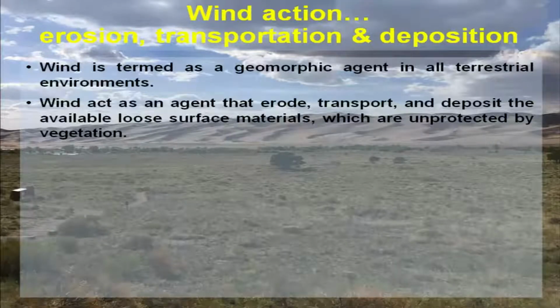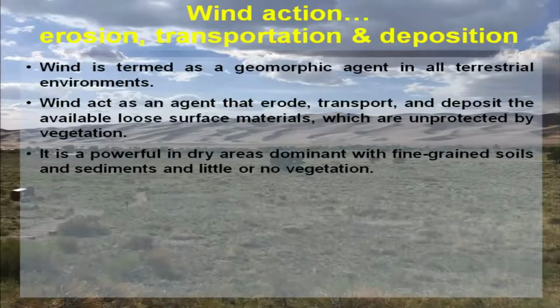The erosion will be extensive in the areas which are devoid of vegetation. It is powerful in dry areas, dominant with fine grained soil and sediments and little or no vegetation.